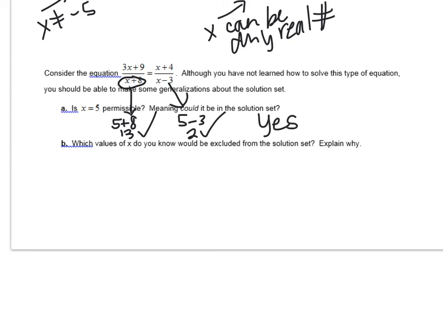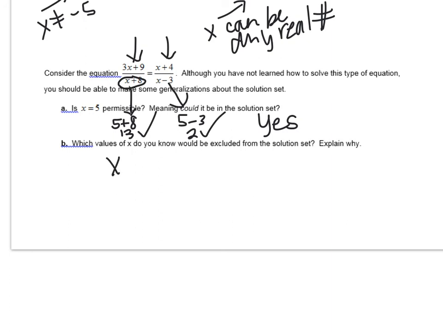So is x equals 5 permissible? Yes, it is. Because x equals 5 gives you a denominator of 13 for this fraction, and it gives you a denominator of 2 for this fraction. 13 and 2 are okay for the bottom of a fraction. 0 is not. Which values of x would be excluded from the solution set?